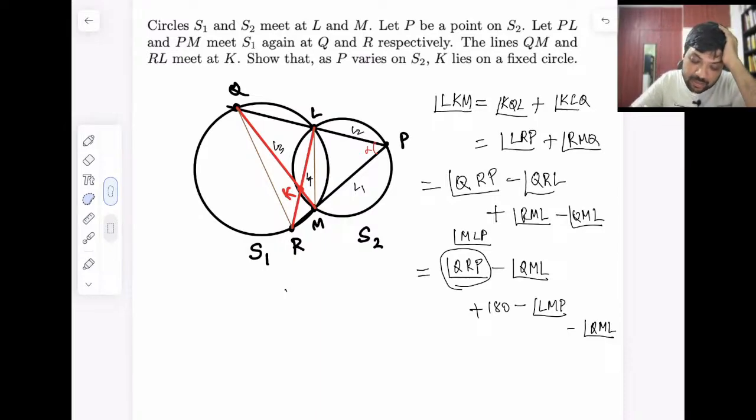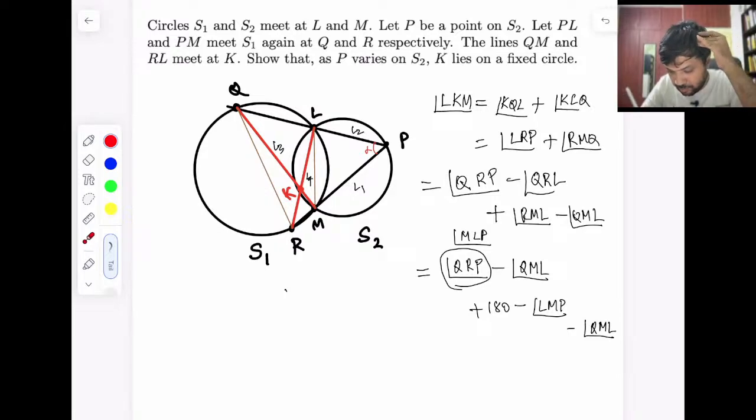LMP minus QML, maybe that is fixed. Can we see that? QML. RML.